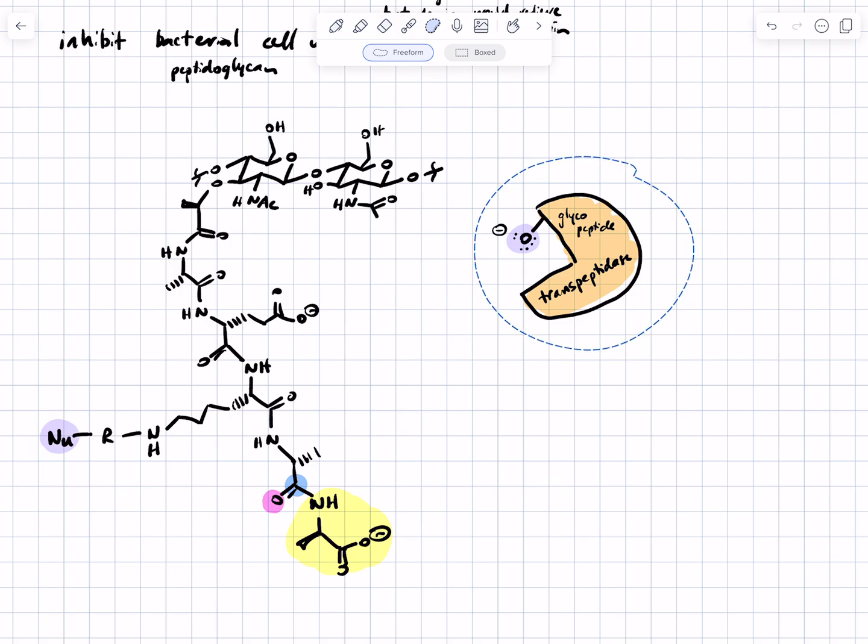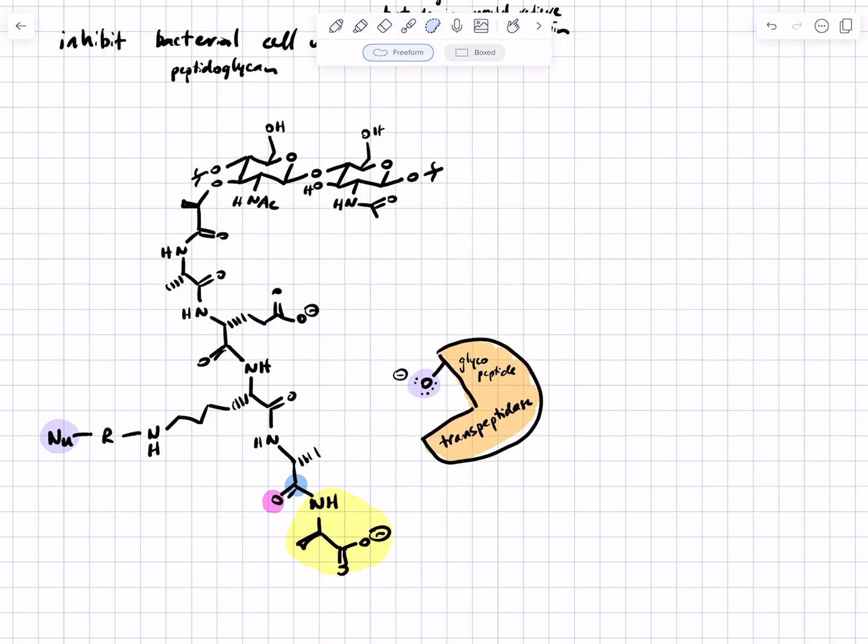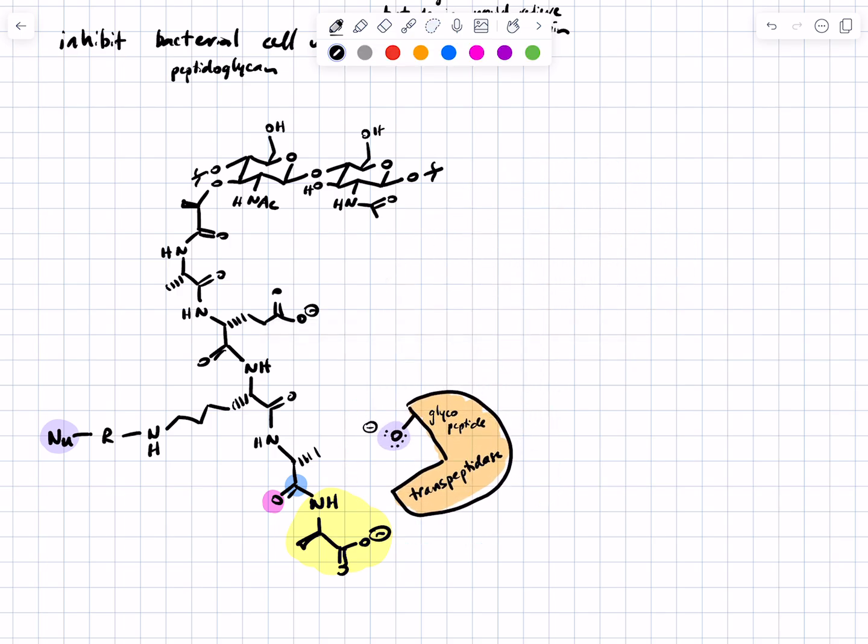I'm going to only give you the first step in the enzyme mechanism that catalyzes this reaction. The enzyme is going to come along and it will attack the carbonyl carbon first. Probably one of the ways it does that is by hydrogen bonding with the carbonyl oxygen to make the carbon-oxygen bond more polarized, to make the carbonyl carbon more electrophilic.